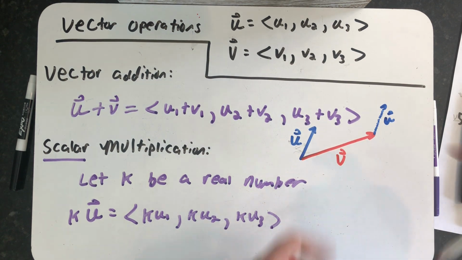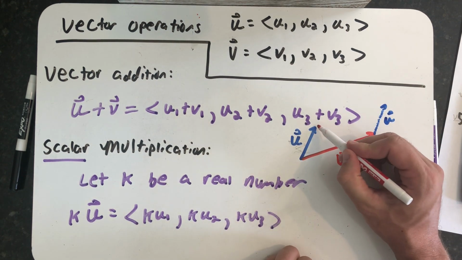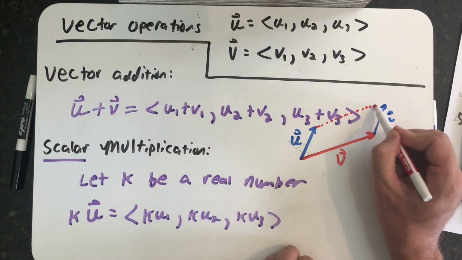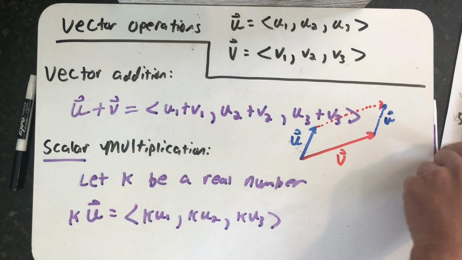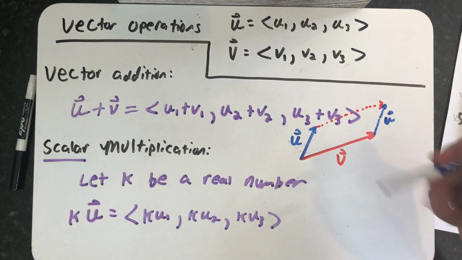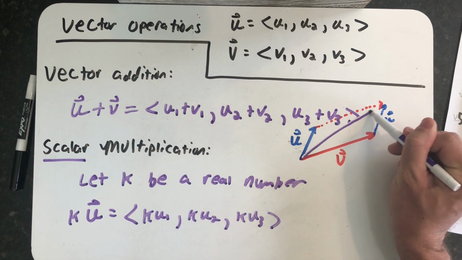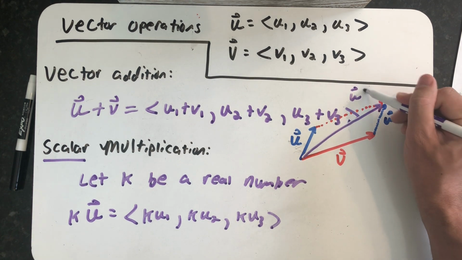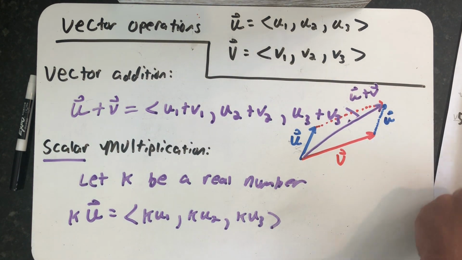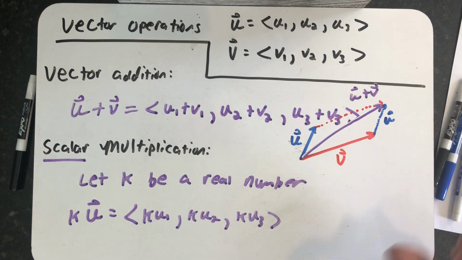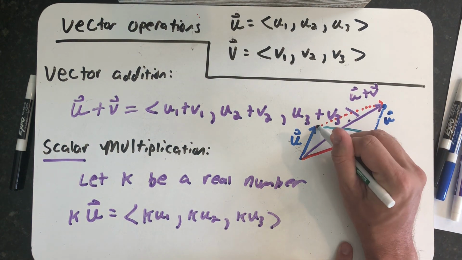And then I draw another copy of vector v starting here. The parallelogram law tells me that u plus v is this diagonal, and that u minus v is this one.